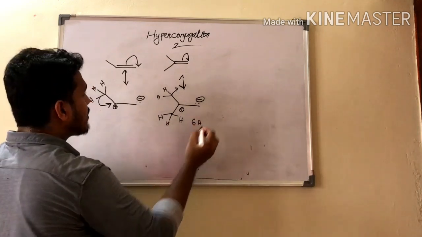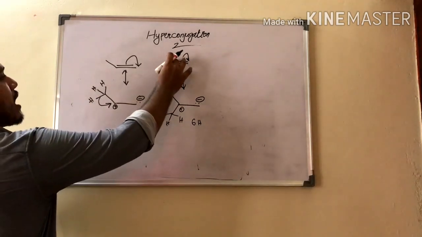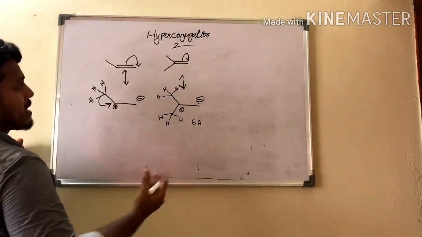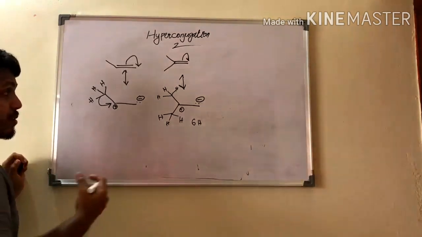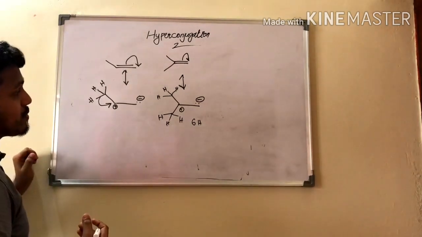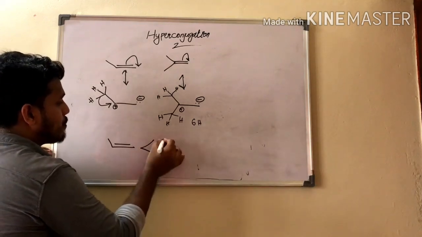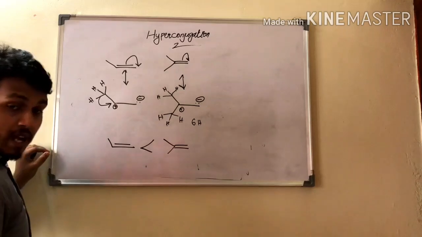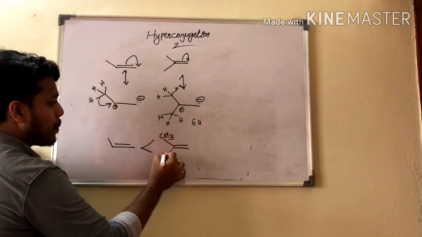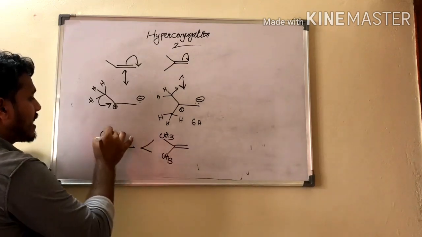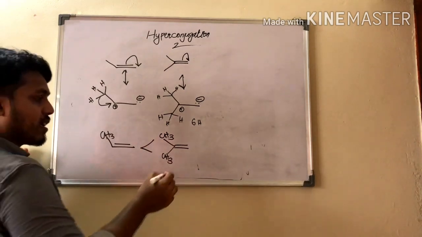6. That means we know that as alkyl substitution, methyl substitution increases, alkene stability also increases. We know that the most substituted alkene is more stable. So the stability of an alkene can be explained by means of hyperconjugative interaction. As terminal methyl groups in the alkene increase, its stability also increases.